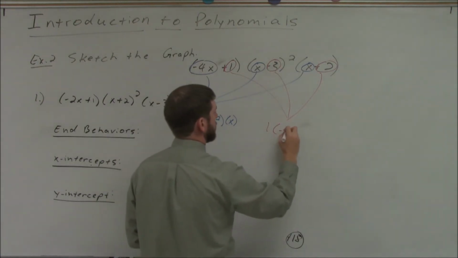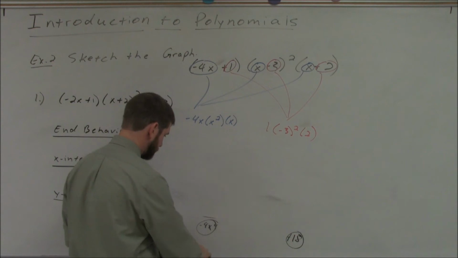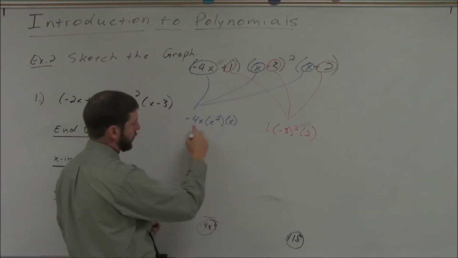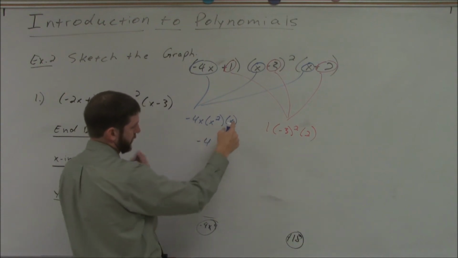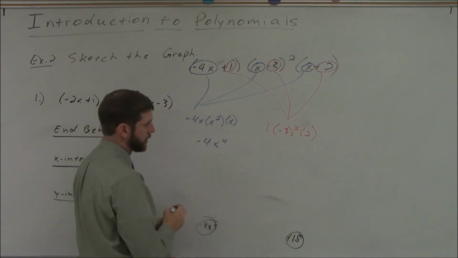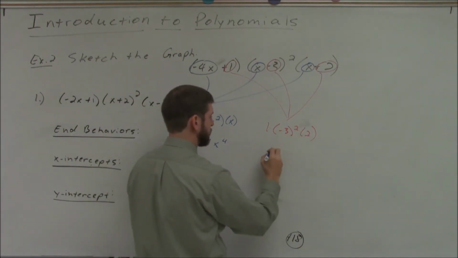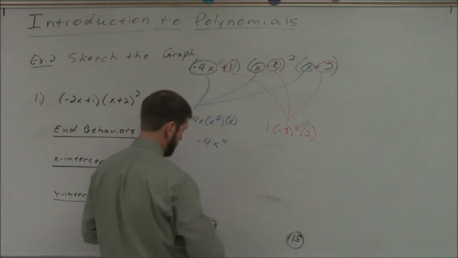One, negative 3 squared, and 2. So when I put that together, negative 4 times 1 is negative 4. X squared and x is x to the 4th. And then here, negative 3 squared is 9. 9 times 2 times 1 is positive 18.